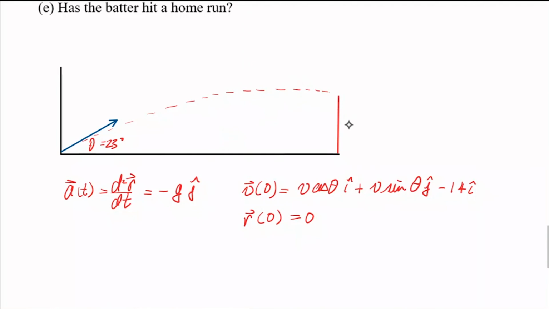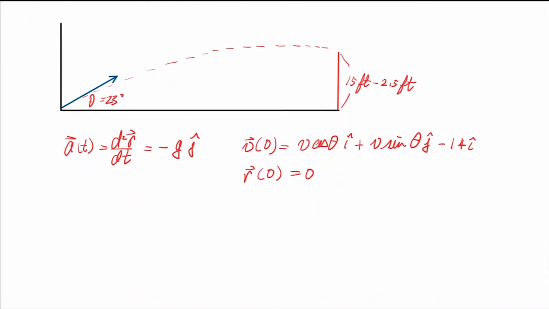This is 15, but this thingy is not exactly 15. This has to be 15 feet minus 2.5 feet. You know what I'm saying? Because this thing is not on the ground. This is not golf, right? So baseball is hit around the waist high. So that's about 2.5. So far so good? Okay. So it works out exactly the same as before.